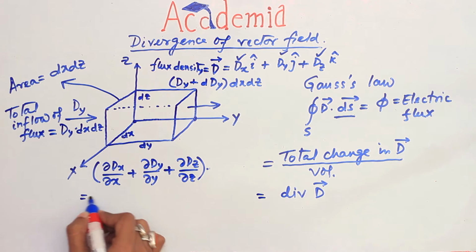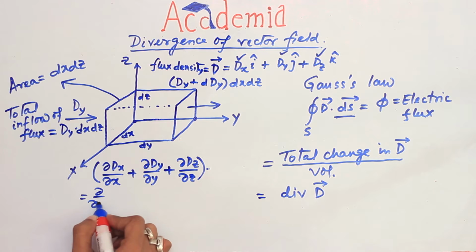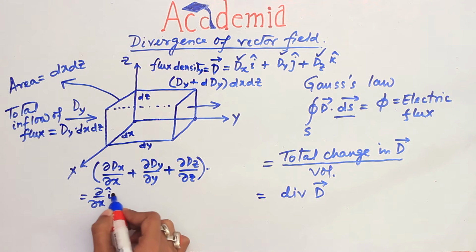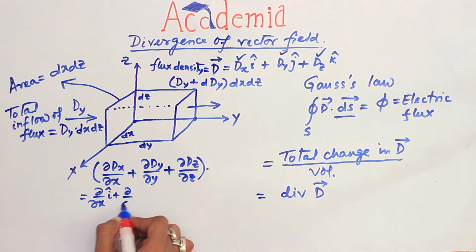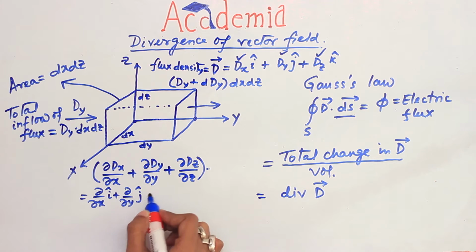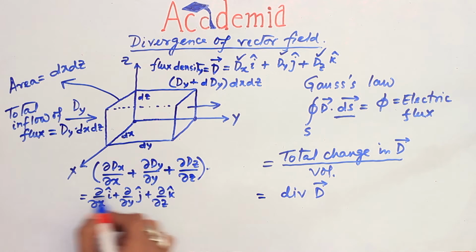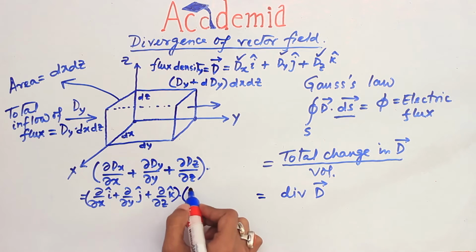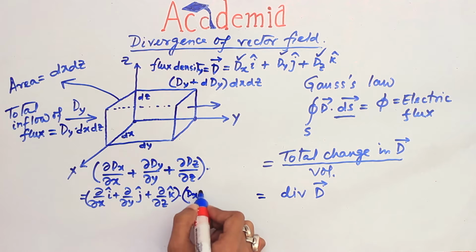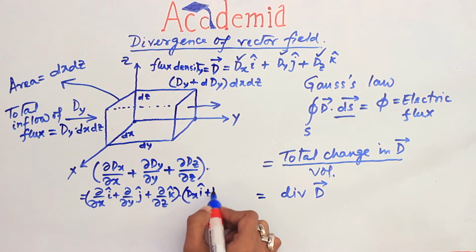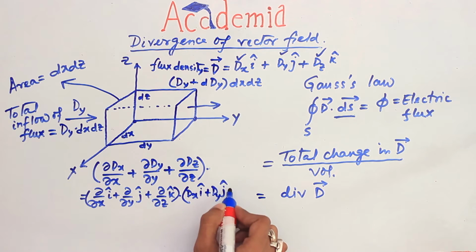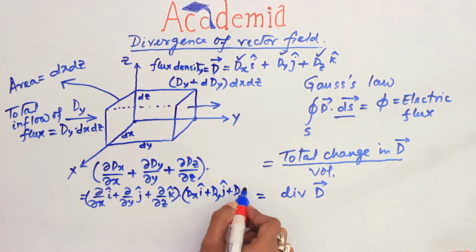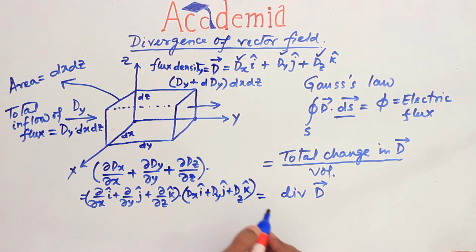Now this expression can also be written as del x i cap plus del y j cap plus del z k cap dot dx i cap plus dy j cap plus dz k cap.